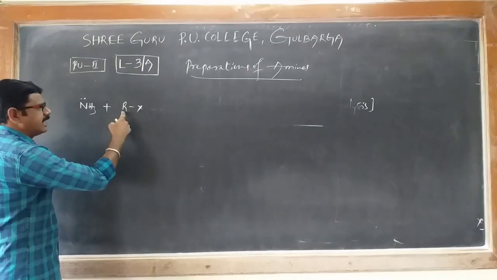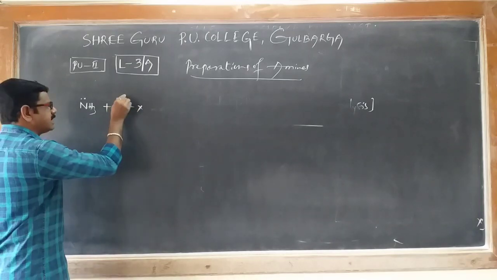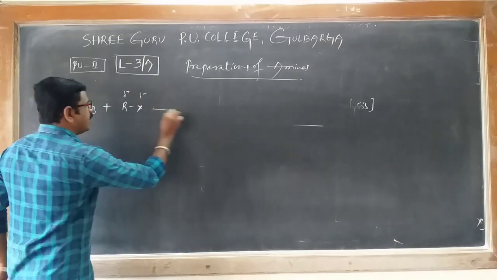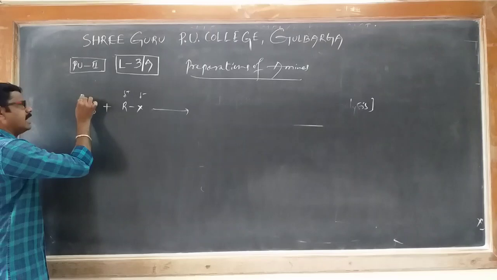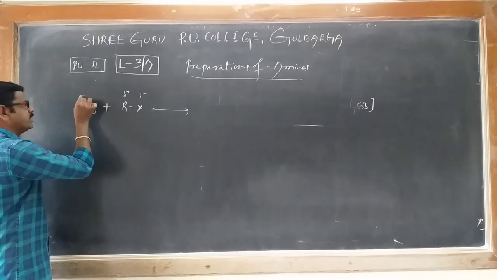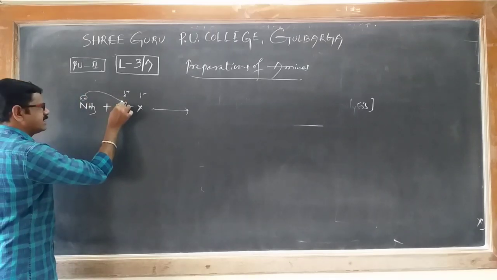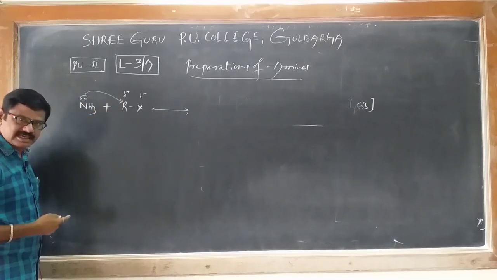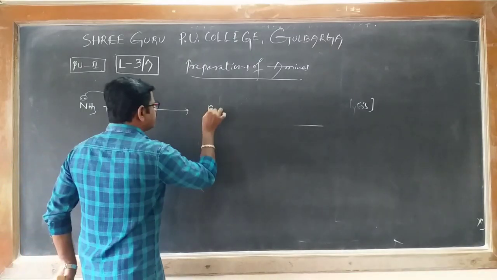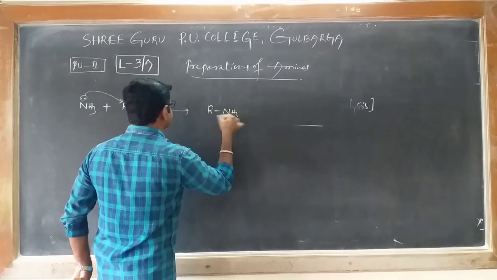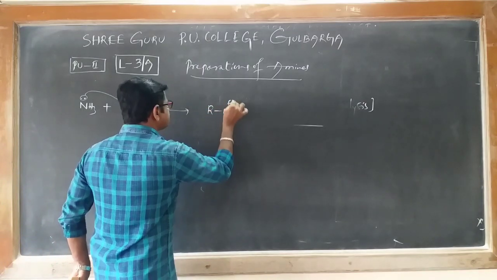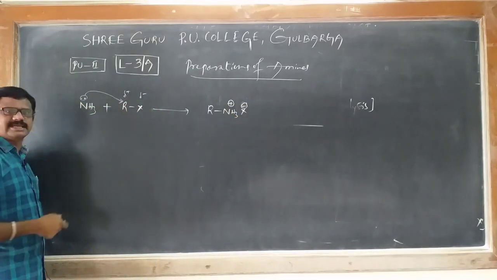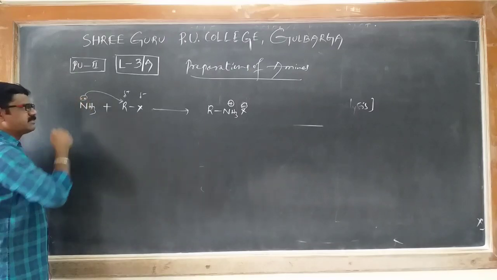The alkyl halide is a polar molecule, with partial positive and partial negative charges developed. Ammonia, acting as nucleophile, attacks the partial positive alkyl group. Therefore a bond forms between nitrogen and the alkyl group, showing like this: RNH3+ and X-. After donation of its electron pair, nitrogen gets a plus charge.